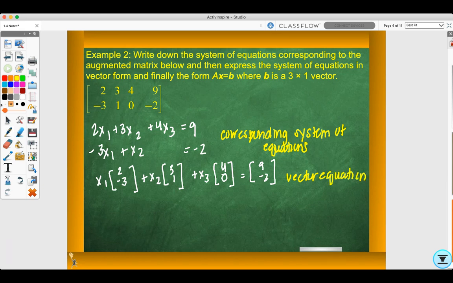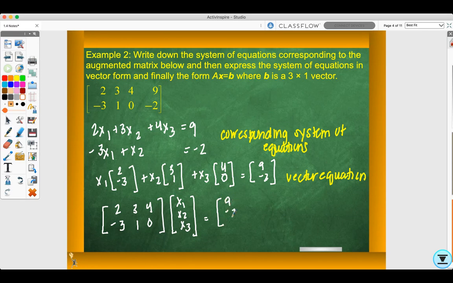And then finally, our form of AX equals B would be 2, 3, 4, negative 3, 1, 0, times x1, x2, x3 equals 9, negative 2.